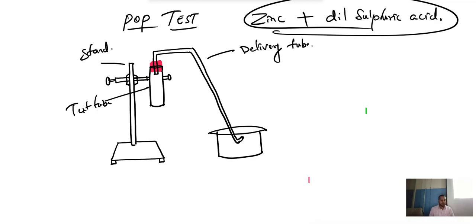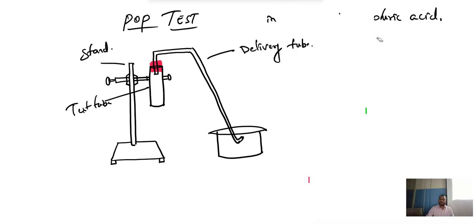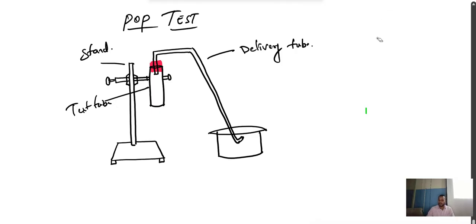Apparatus means to conduct this experiment, what are the requirements? That is said to be an apparatus. For the experiment, what things do we need? We need a stand, a test tube, a delivery tube and a beaker. Correct?